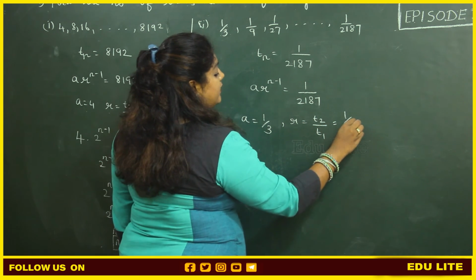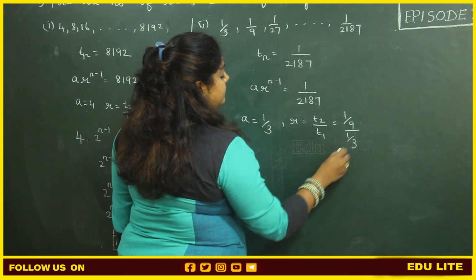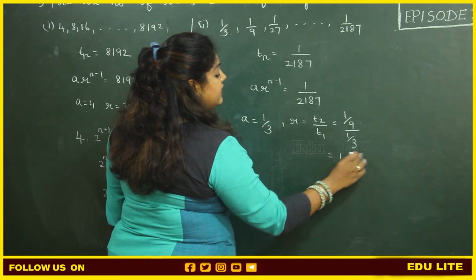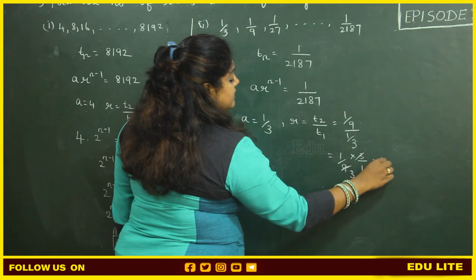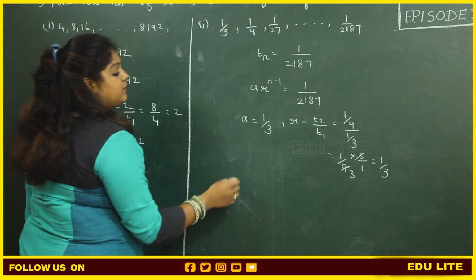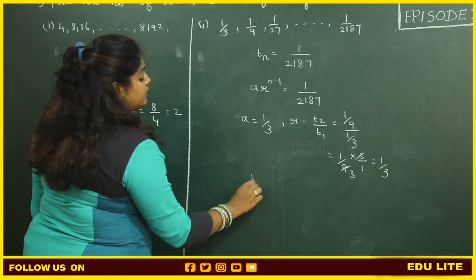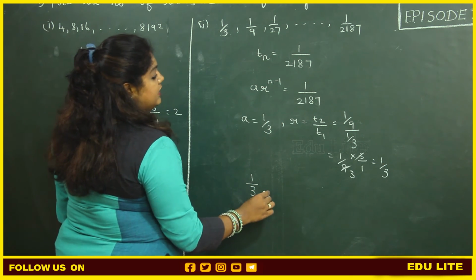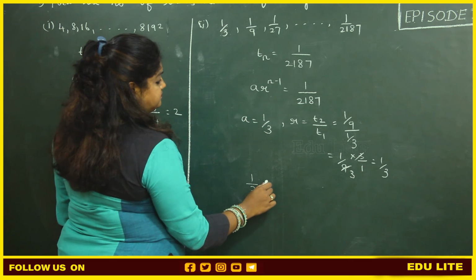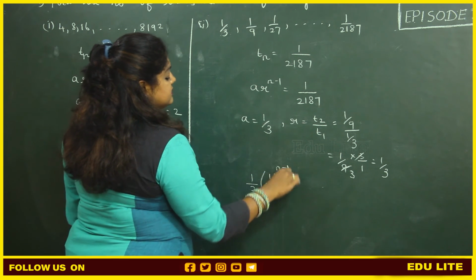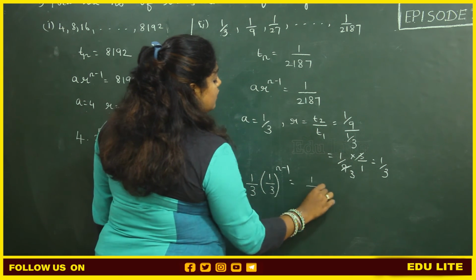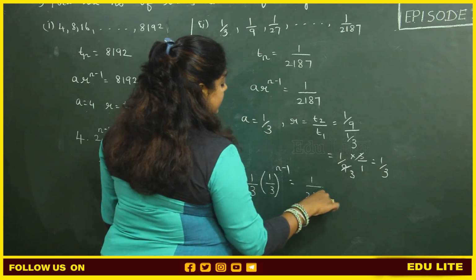T2 value is 1 by 9, T1 value is 1 by 3. 1 by 9 divided by 1 by 3, if I reciprocate, it will become 3 by 1, so 1 by 3. We will substitute the value of a and r in this. The value of a is 1 by 3, the value of r is 1 by 3, whole power n minus 1, which is equal to 1 by 2187.